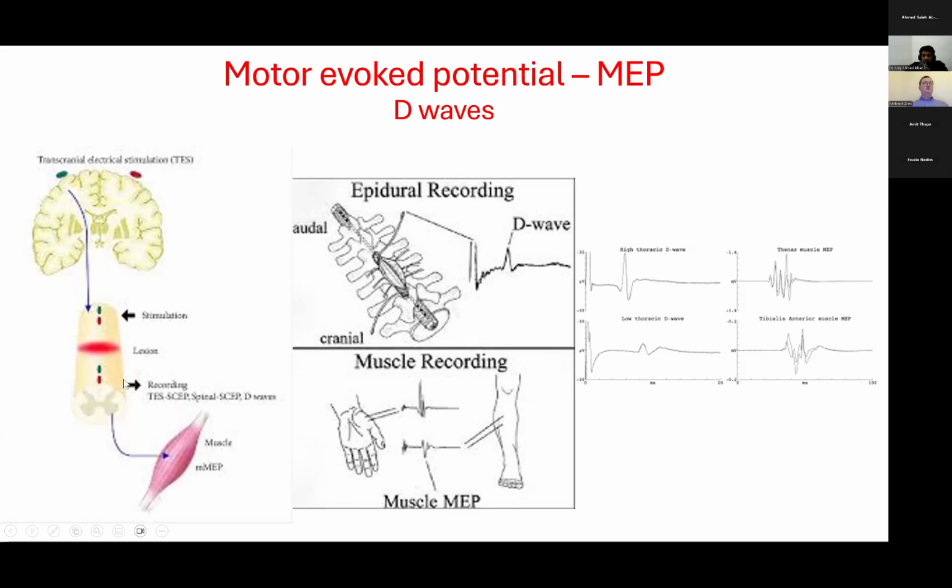They are more robust because they are not going with multiple synapses, only one synapse. So D wave is a better recognition of the spinal cord motor tracts.